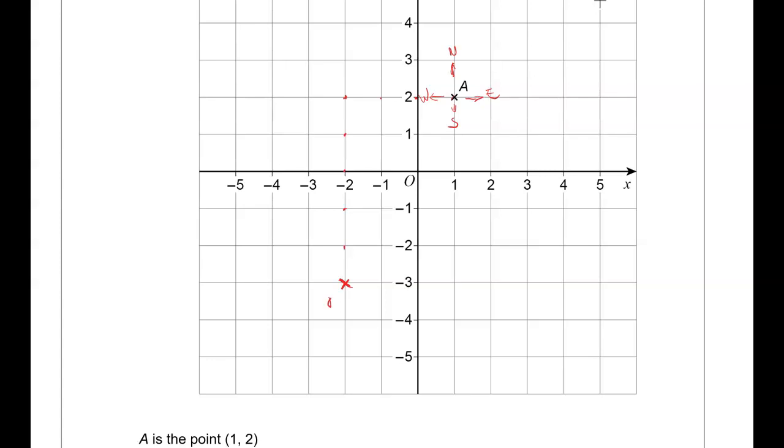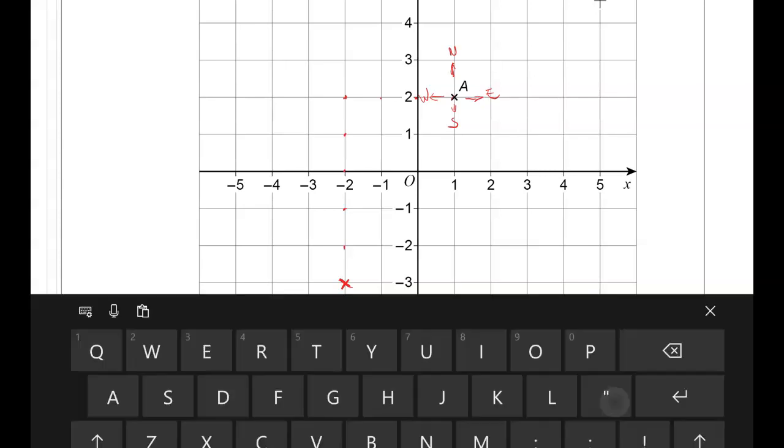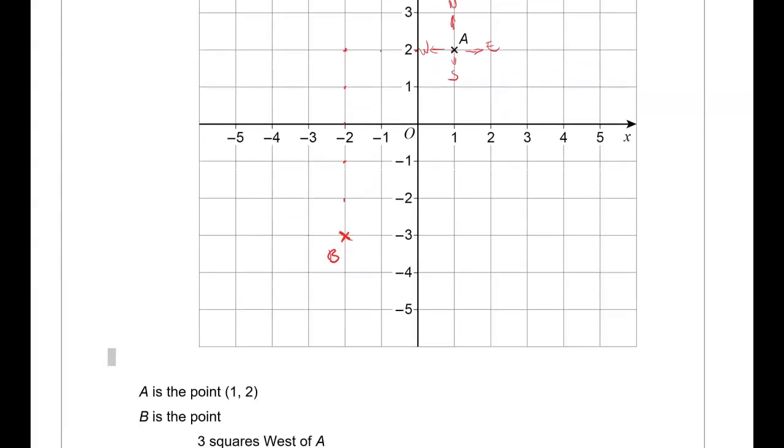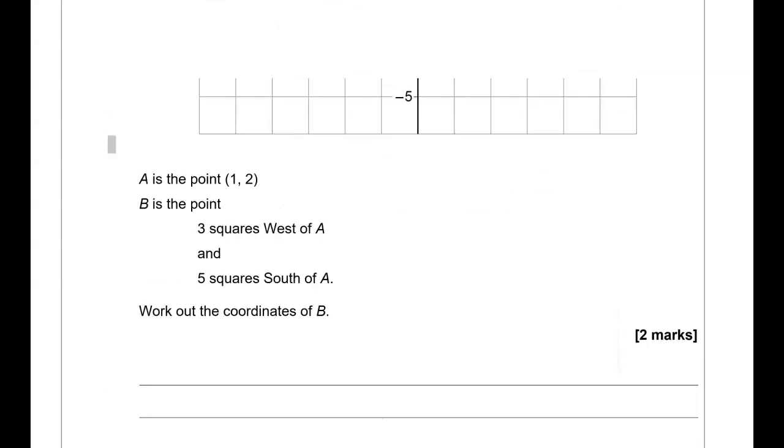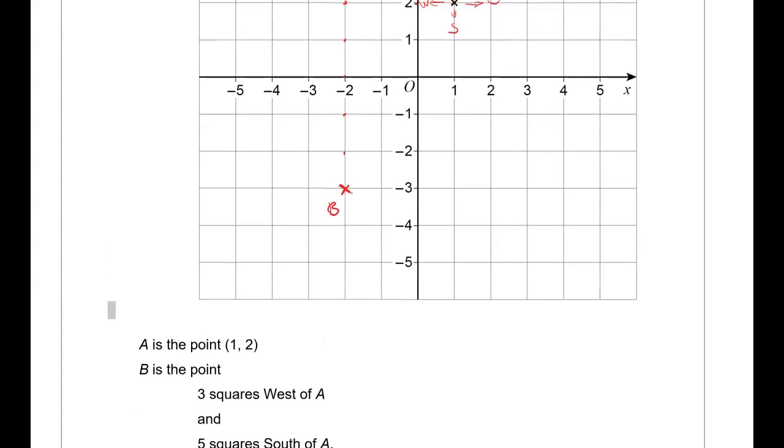So this should be point B. The coordinates, that is -2, -3.